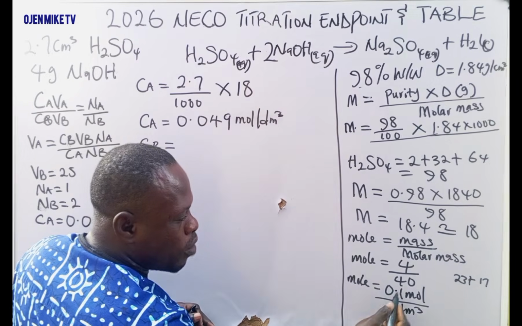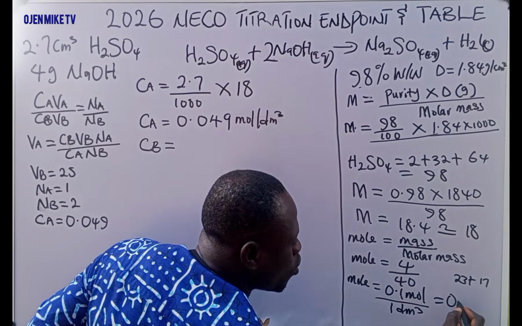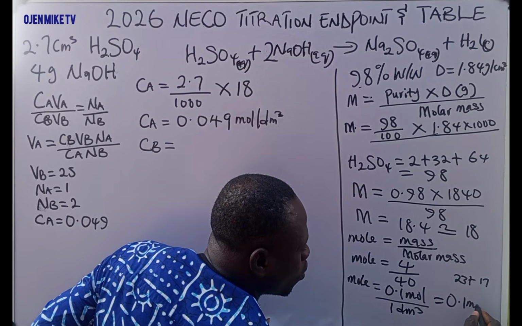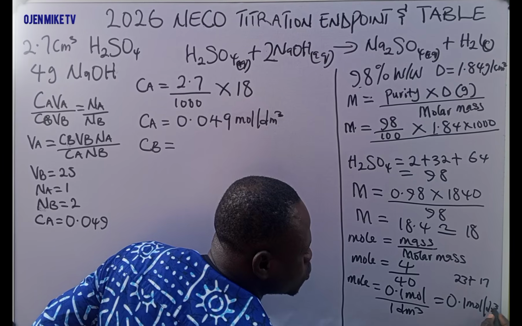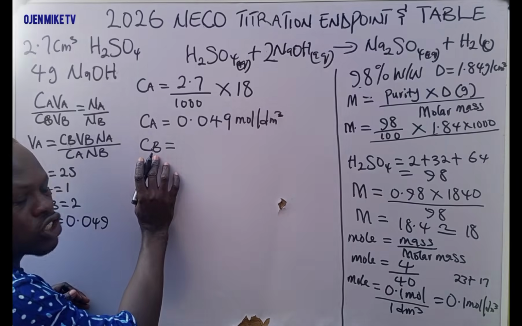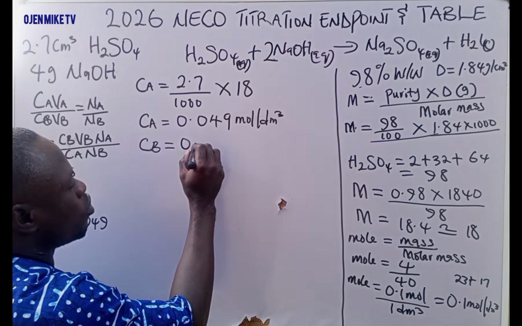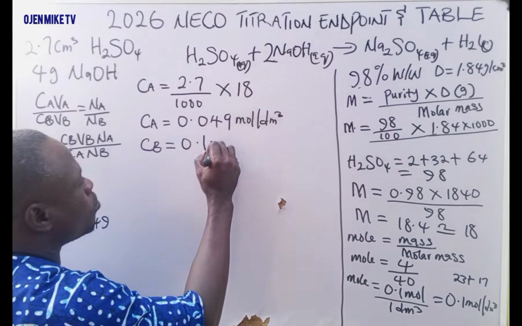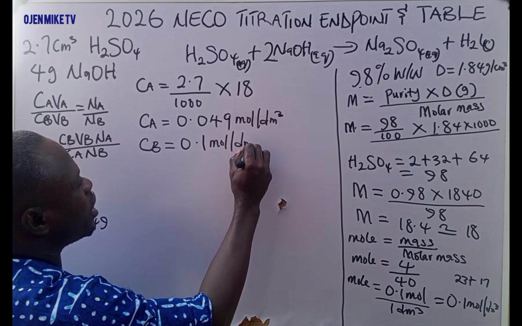So if you divide this one by this one, you are going to have 0.1 mole per dm³. Do you get that? So our concentration of base is 0.1 mole per dm³.